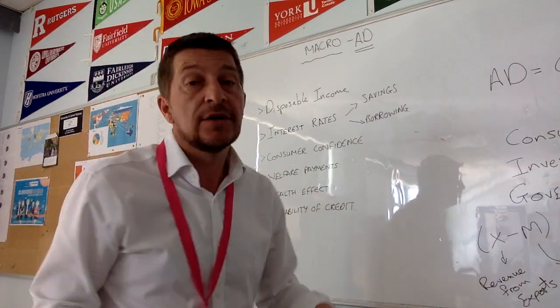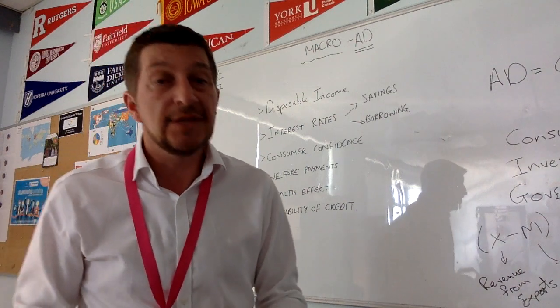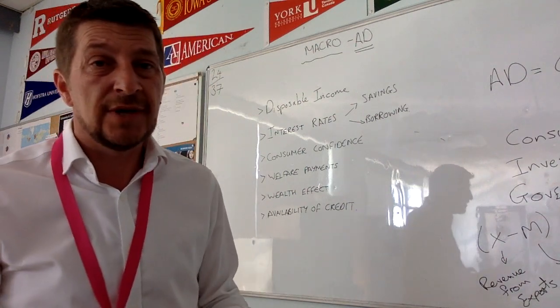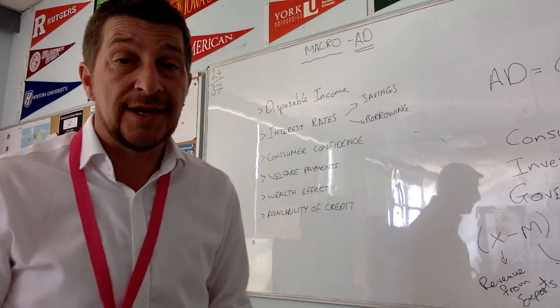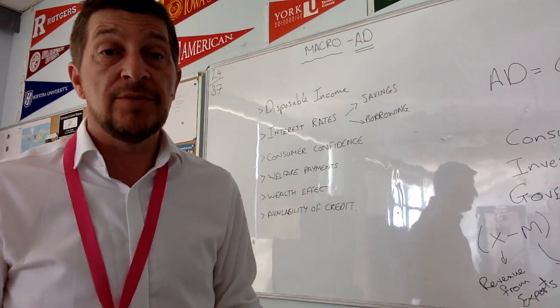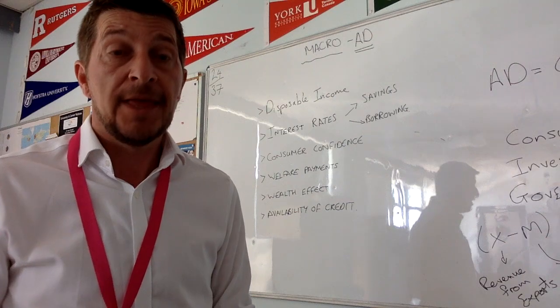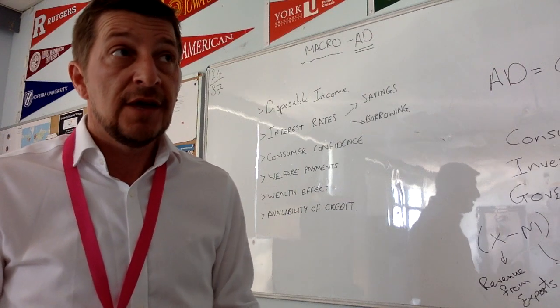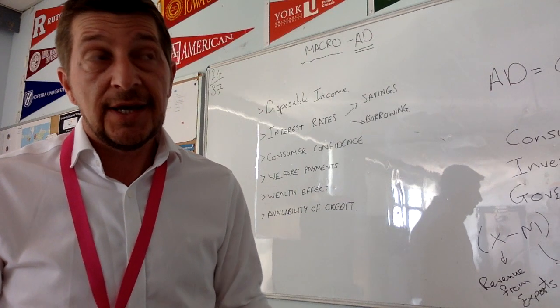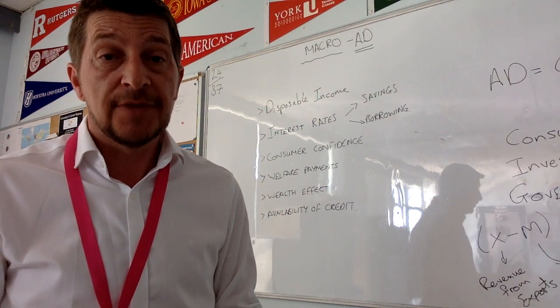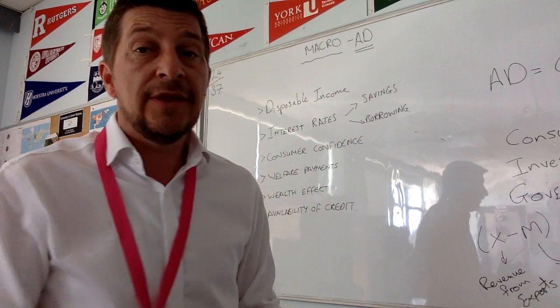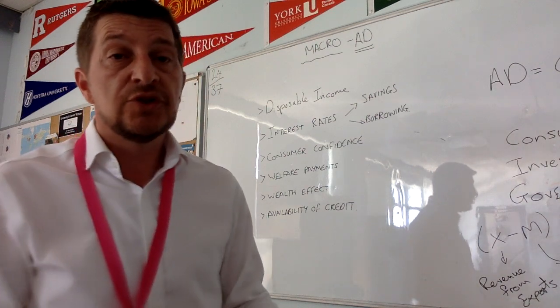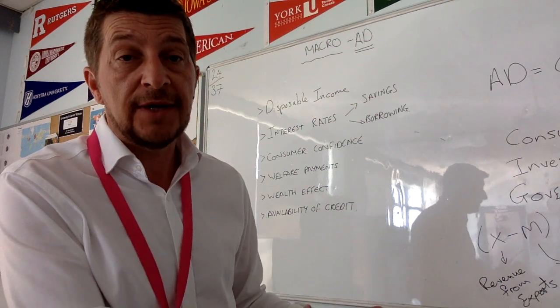The wealth effect. Okay, now this is a concept that is a little bit intangible. Okay, so imagine most people own certain large assets. The biggest asset that people will own will be a property. Now, if they perceive that that property is increasing in value, they are effectively becoming wealthier. And that will give them the confidence to spend more money.